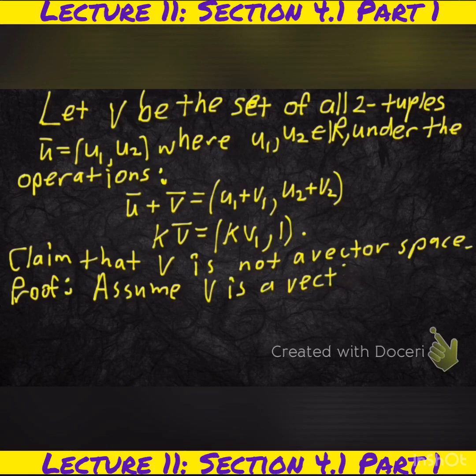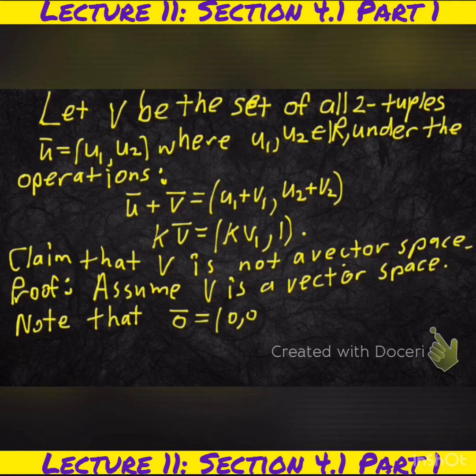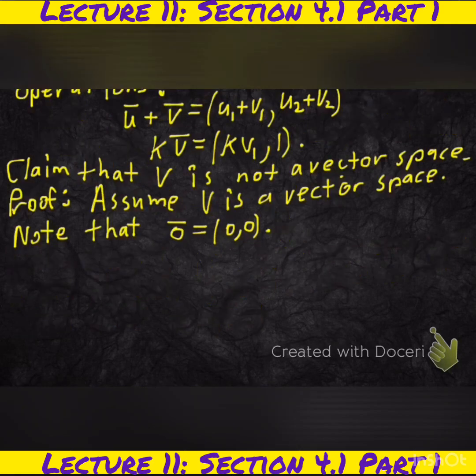Alright, so what is the 0 vector? Note that the 0 vector is the vector (0, 0). Now why is this the case?